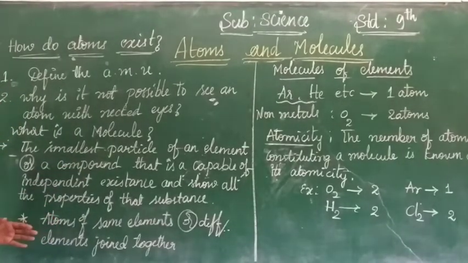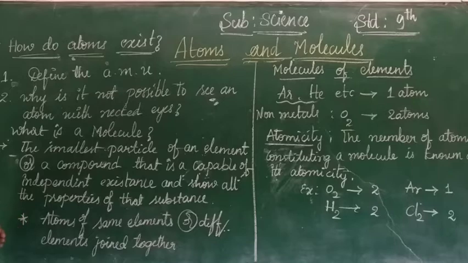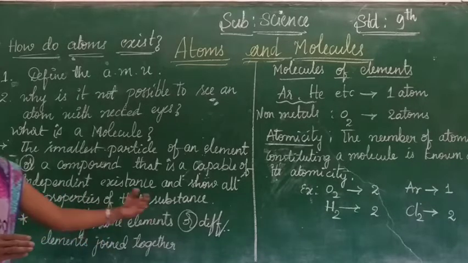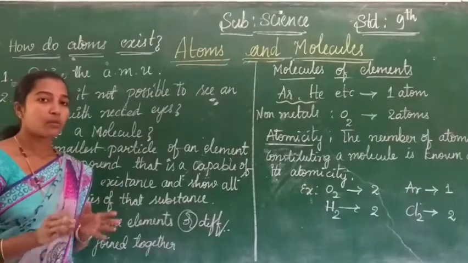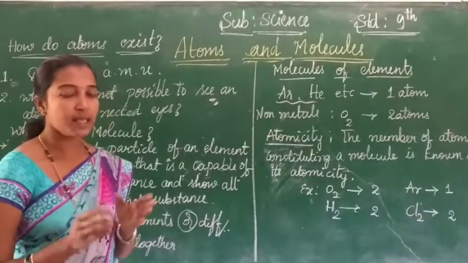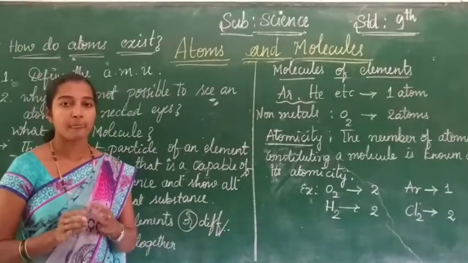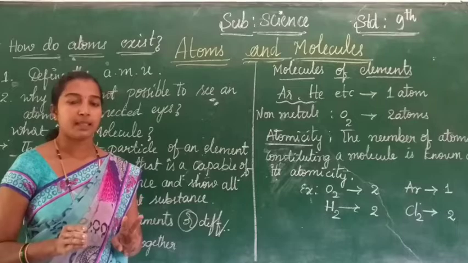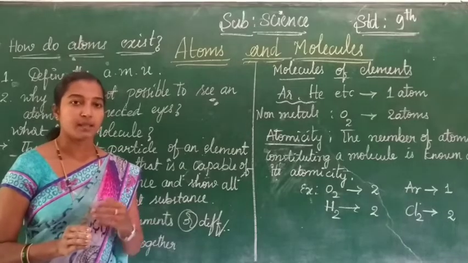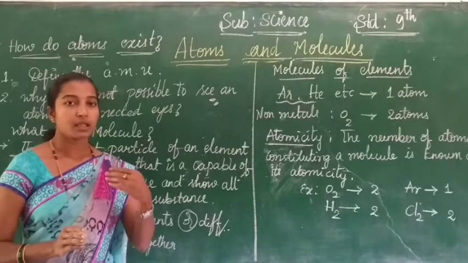A molecule is formed by atoms of the same element or different elements. For example, a molecule of carbon dioxide is formed by two different elements, carbon and oxygen.